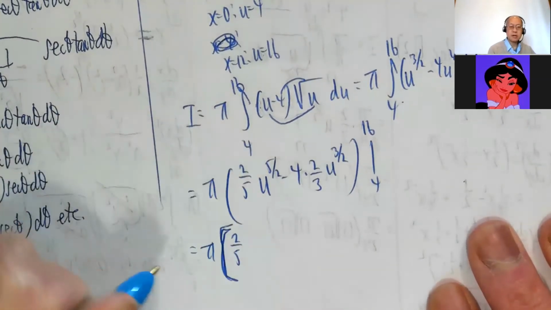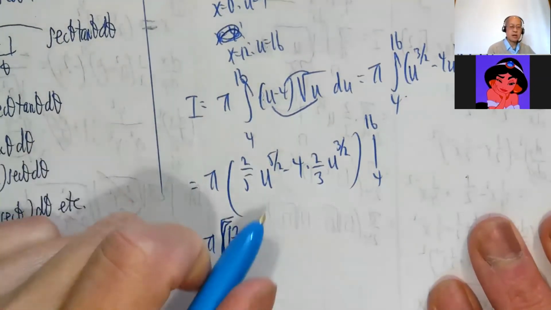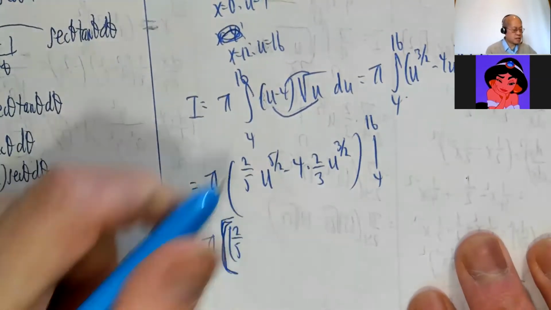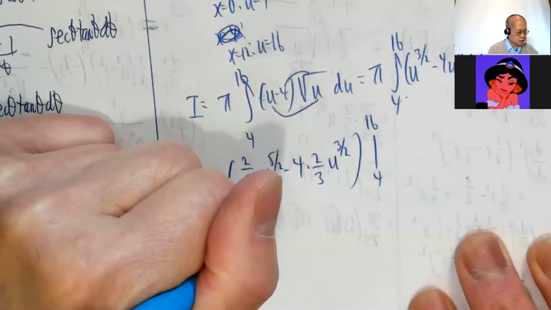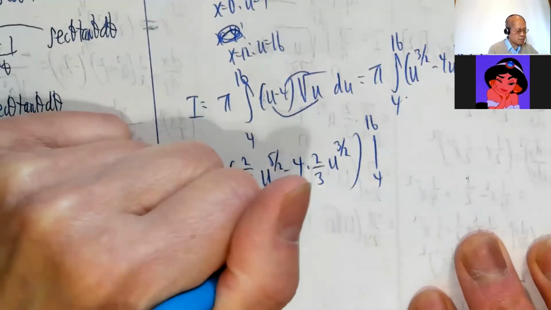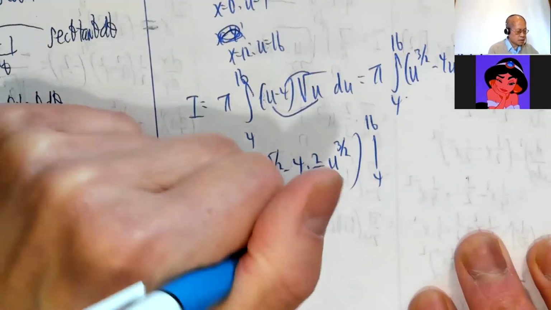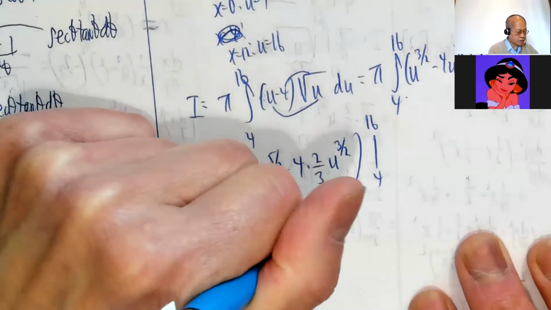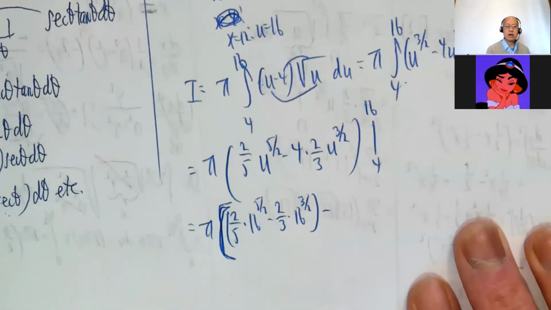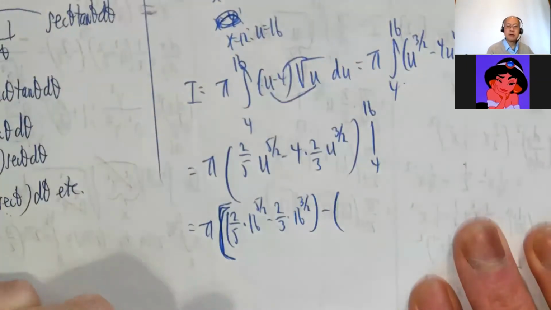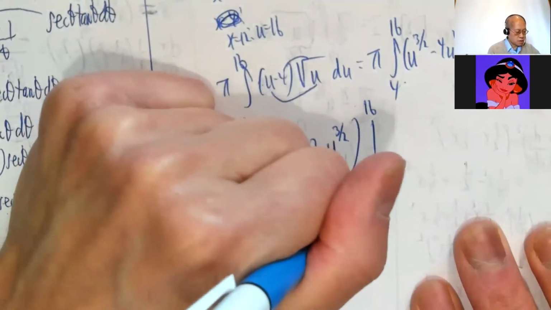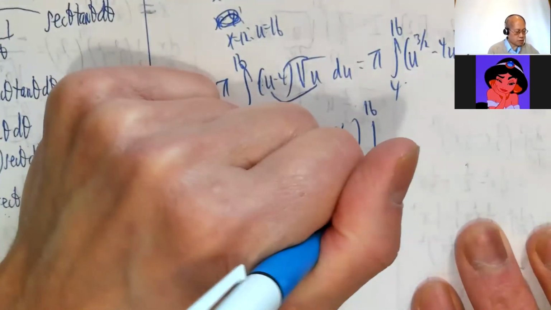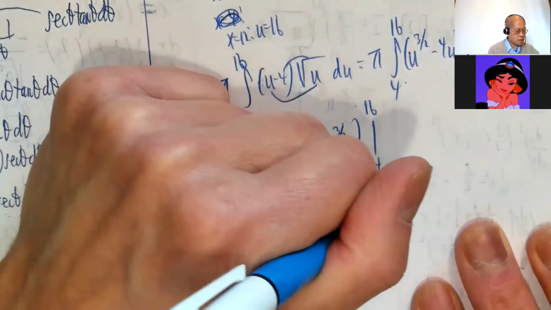Plug in 16: 2/5 times 16 to the 5/2 minus 2/3 times 4 times 16 to the 3/2, minus, plug in 4, 2/5 times 4 to the 5/2.